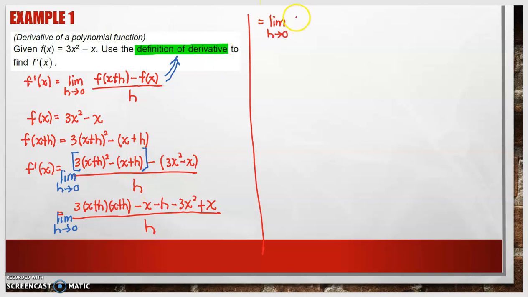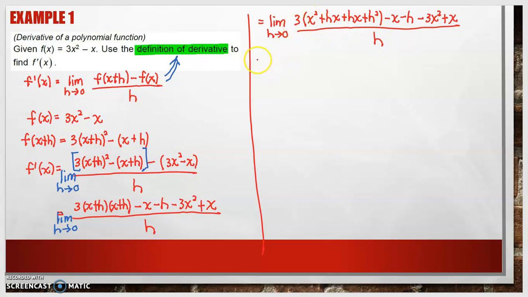So here I try to expand x times x, which gives x squared, x times h gives hx, h times x again hx, and then h times h gives h squared. So minus x minus h minus 3x squared plus x over h.